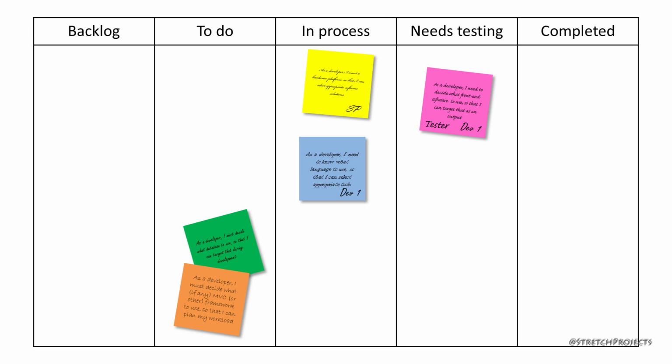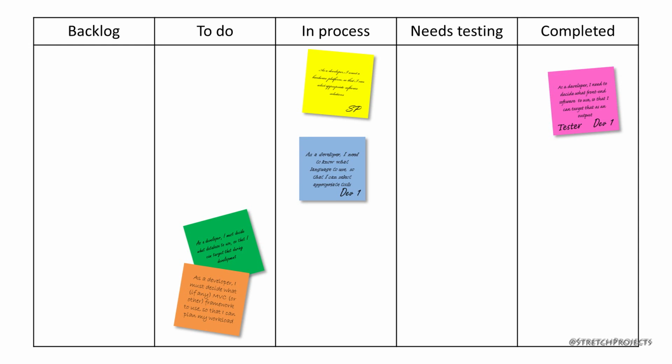If so, it will be their responsibility to take work out of the needs testing column and actually test it. If it passes all of the applicable tests, it will be moved into the completed column. If the team doesn't have a dedicated tester, it will be the responsibility of any other developer to do that.